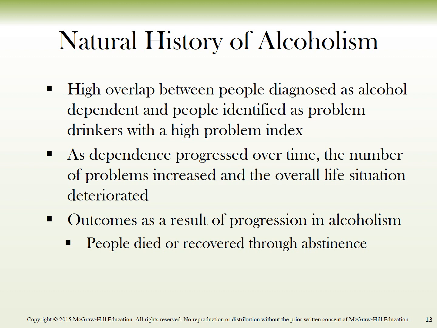There was significant overlap between those two groups of people. What's important about that is it confirmed that as people continued to drink, they would experience more problems. As their problems continued to increase, it was more indicative of people who would meet the diagnostic criteria for an alcohol use disorder, or at the time alcohol dependence.